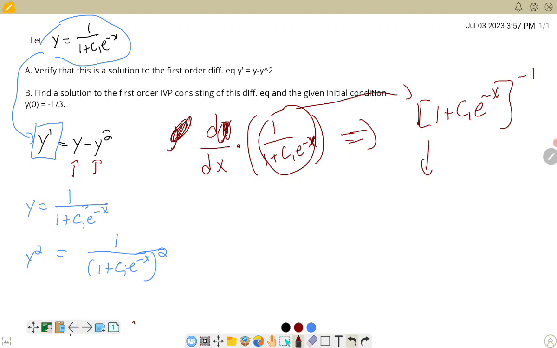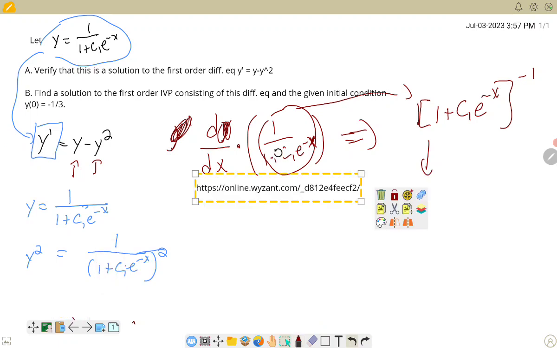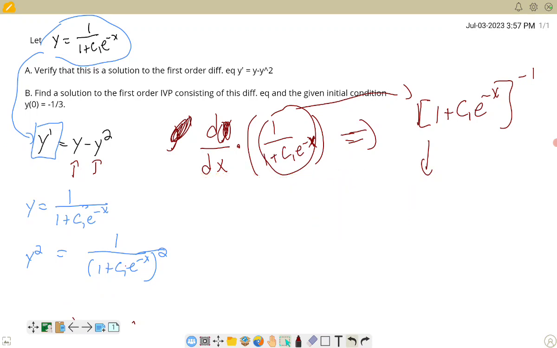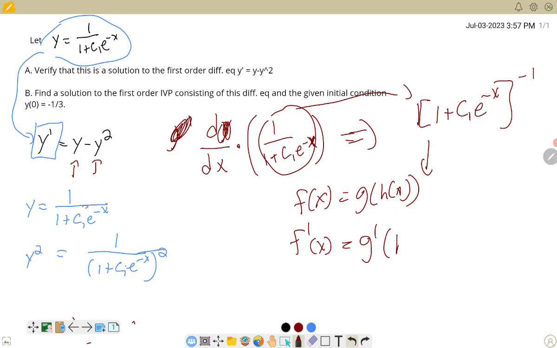So recalling the chain rule, it says that if f of x is equal to g of h of x, so two functions composed together, then f prime of x is equal to g prime of h of x, which means take the derivative of the outer function and then substitute h of x into it, times h prime, which is the derivative of that h function of x.